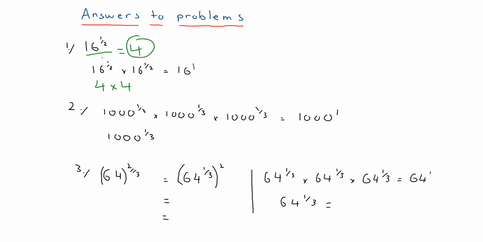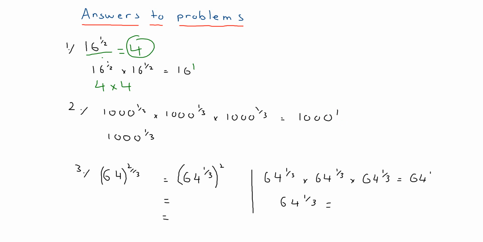Our next one is the same thing. I've got 1000 to the power of a third. I'm going to times it by itself 3 times: 1000 to the power of a third, 1000 to the power of a third, 1000 to the power of a third equals 1000 to the power of 1, because 1/3 plus 1/3 plus 1/3 equals 1.